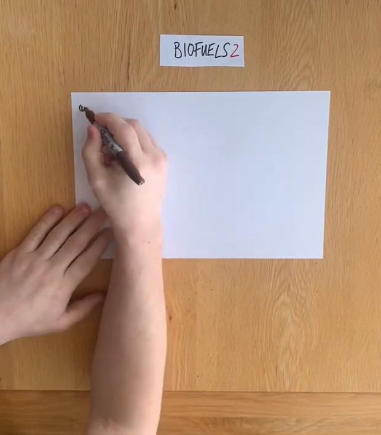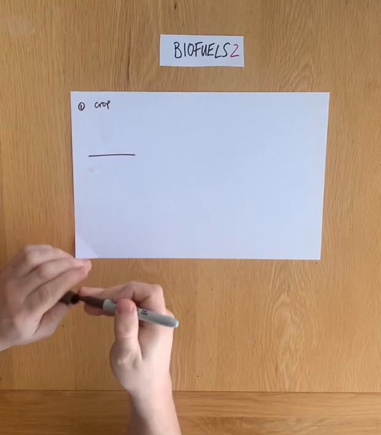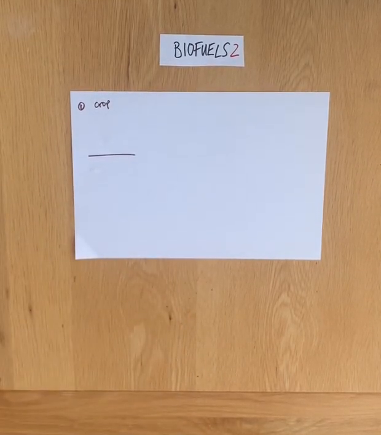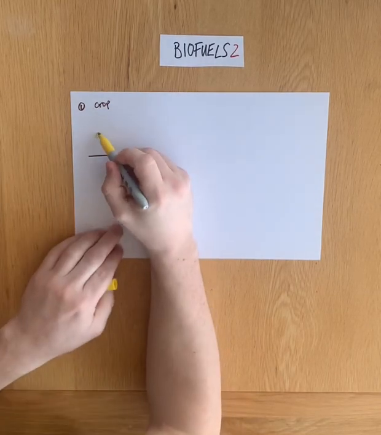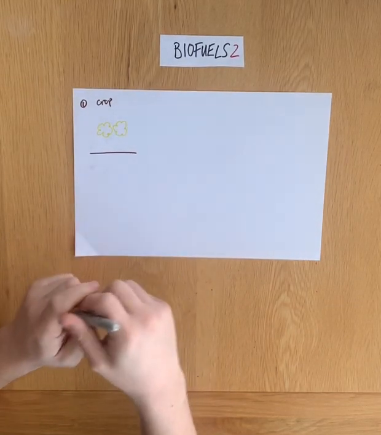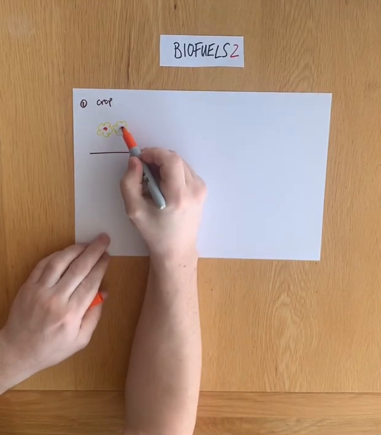First of all, we grow a crop, and the crop that we grow could be sunflower. You can grow some sunflowers, you could grow some olives, you could grow rape as well.